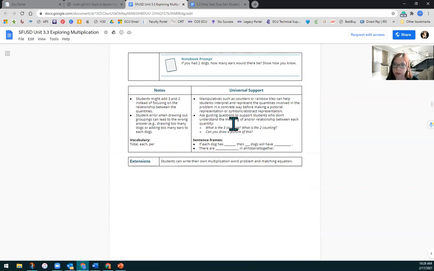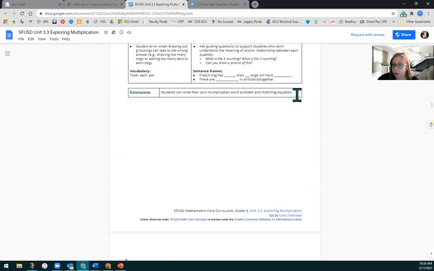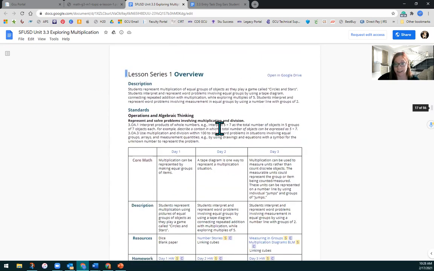And maybe they would be writing a multiplication word problem on their own or matching an equation as an extension if they're ready for it. And then the next day, then you start the lessons and they give you different ways. So that is an example of our example and a non-example, which had a few constructivist strategies embedded in, but was not a constructivist lesson.